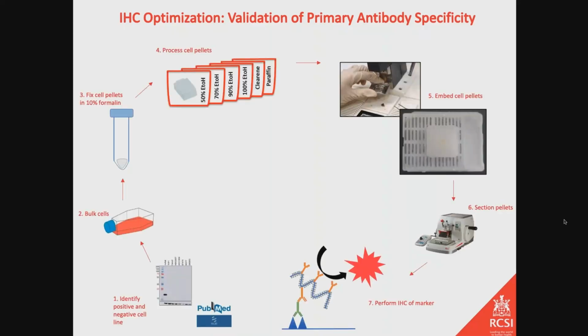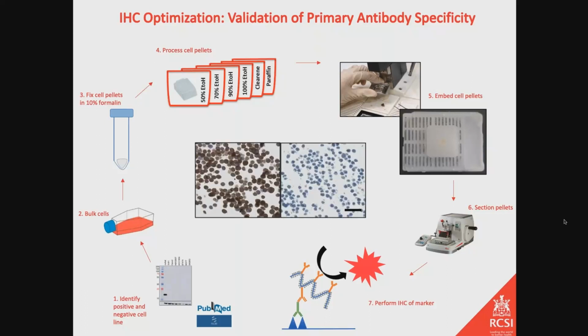So I do this by taking a positive and a negative cell line for each marker of all of my panels, and I process the positive and negative cell line the same way that tissue and tumors are processed when they're taken from a patient before IHC, and this is to mimic the chemistry that we have for IHC in the cell lines. And then I perform IHC of the marker on the cells with the aim of having positive staining in my positive control and no staining in my negative control cell line, thereby demonstrating specificity.